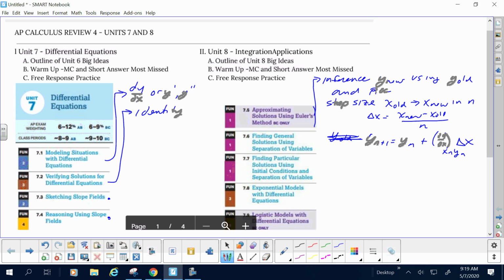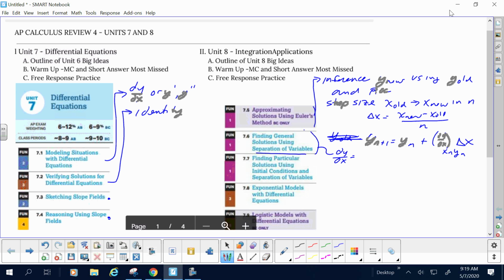All right. Finding general solutions using separation of variables. That is crucial, that you separate the variables. And so say you had some kind of x relationship and a y relationship. I don't even want to use function notation because I don't want you to get whacked out.